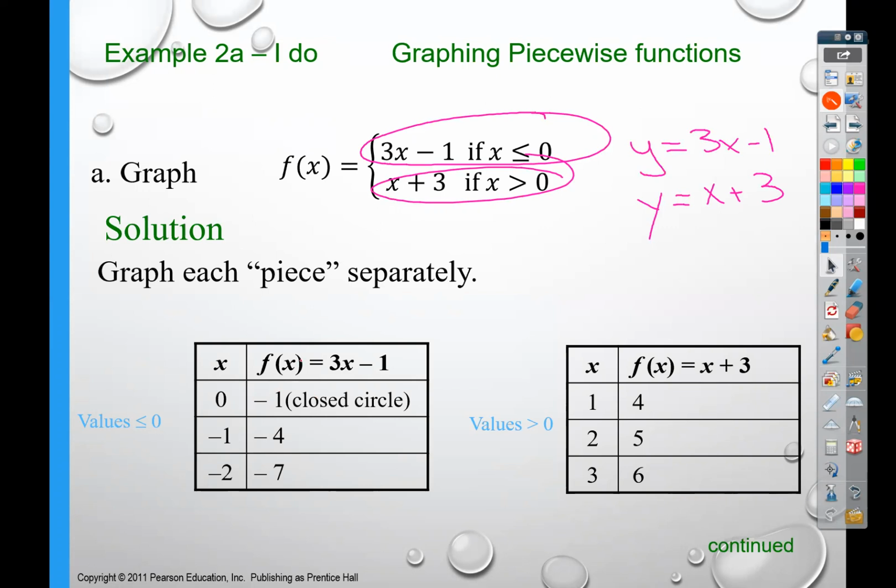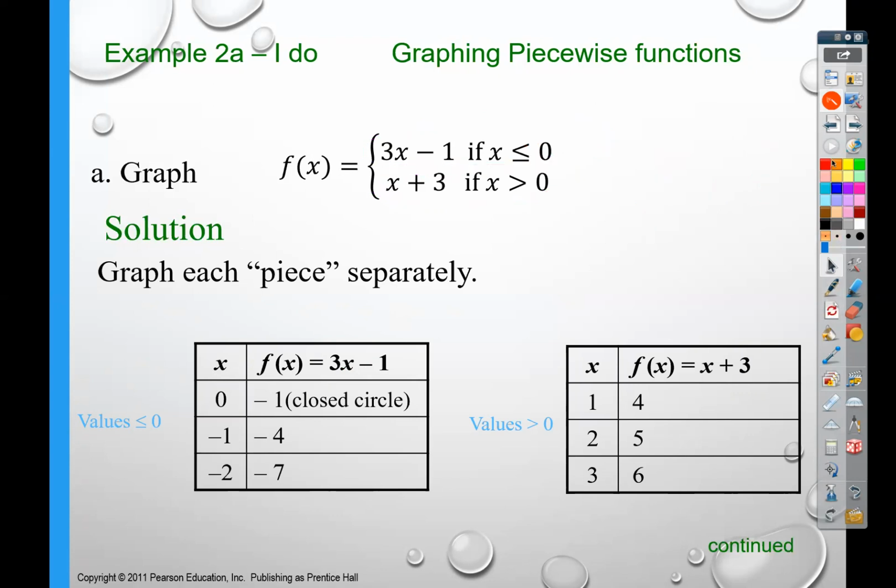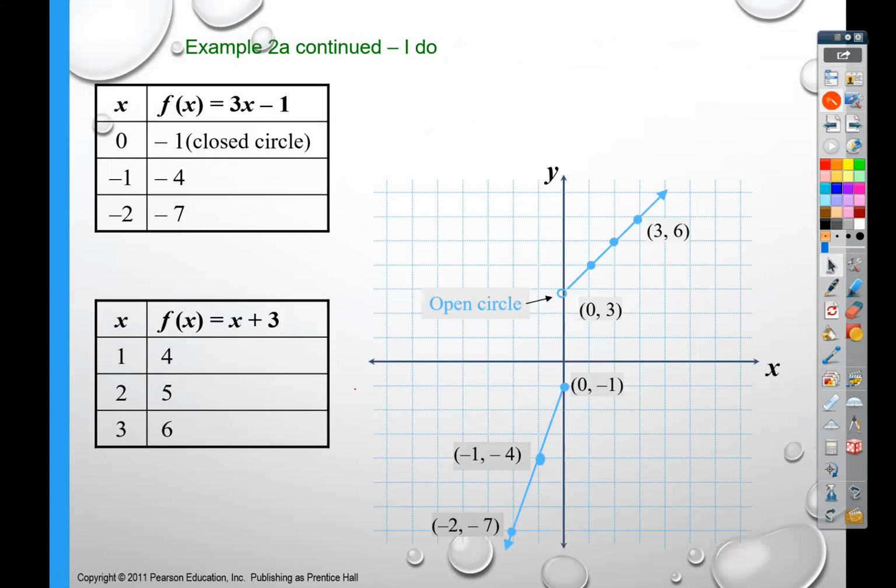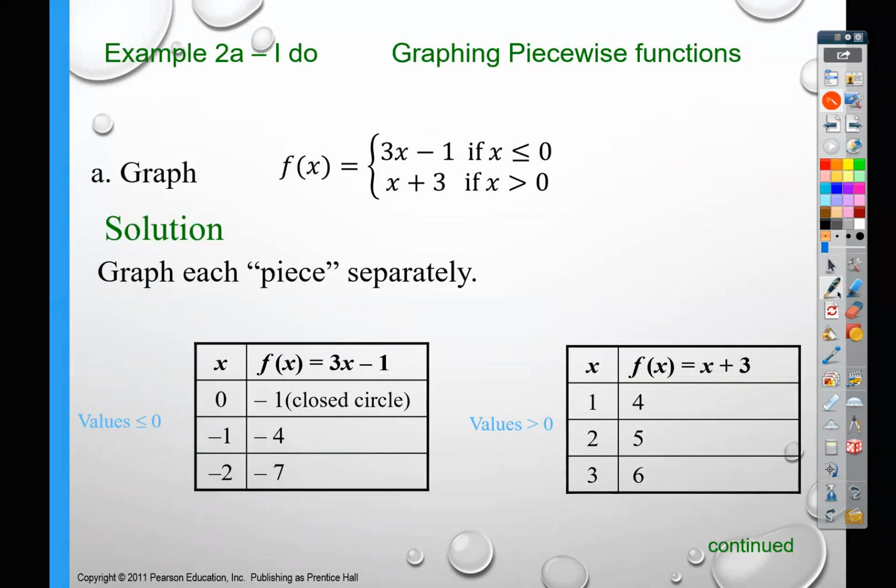So the first one, f of x equals 3x minus 1. I'm going to use a closed circle where x is 0 because it says or equal to 0. Whoops, sorry. I'm going to use a closed circle because I have equal to 0.